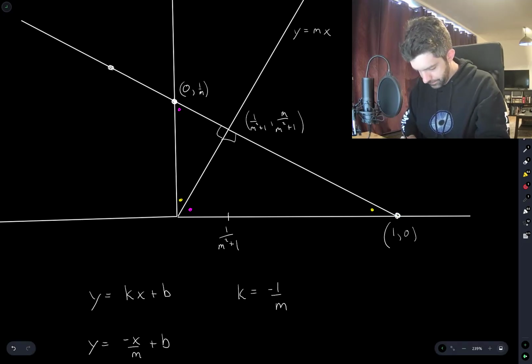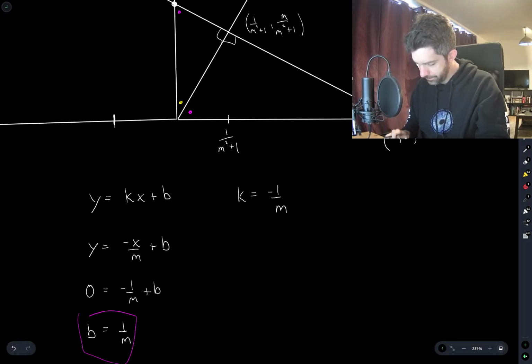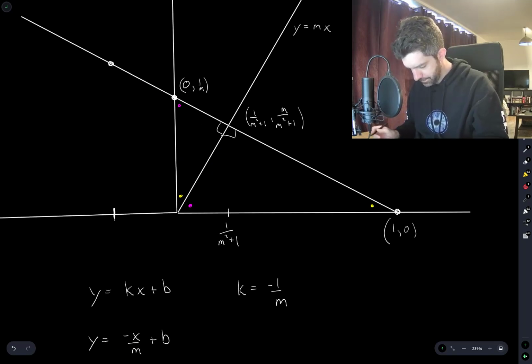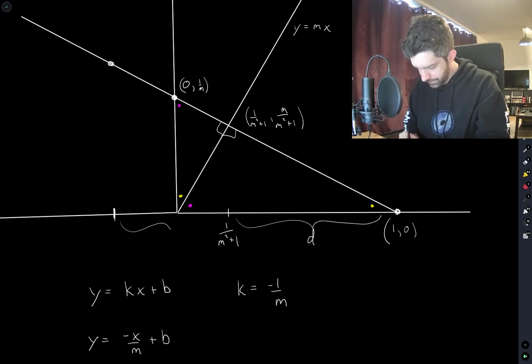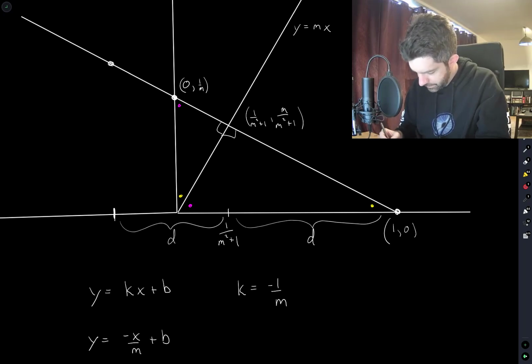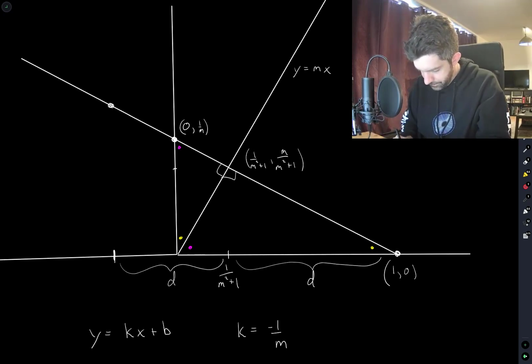I'll mark that point there. If I call that distance d, then this is also d. I mark that there. I clearly didn't draw this to scale, but that's fine. I mark that h. Then this is also h.